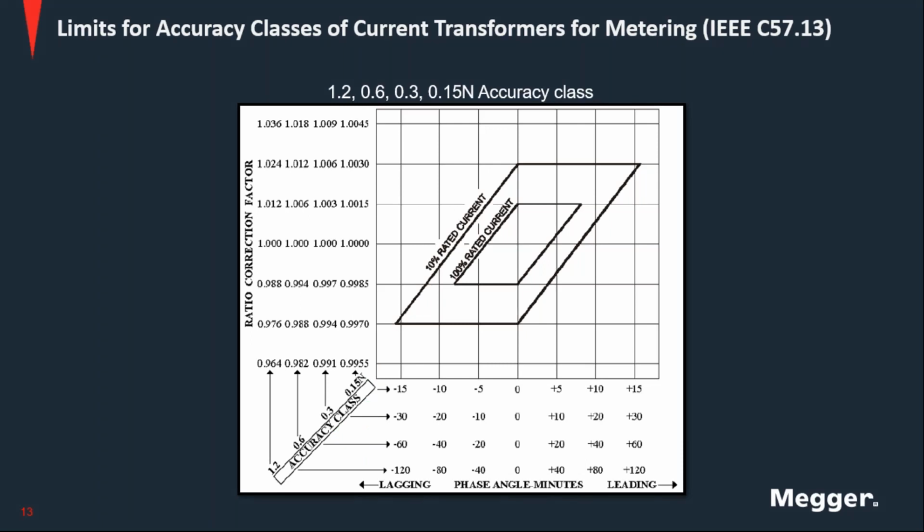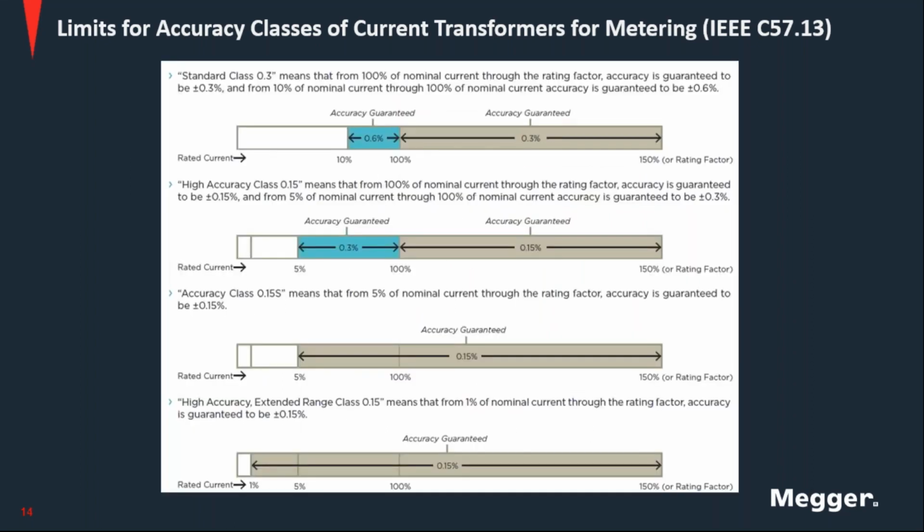They are in the standard. These are taken from IEEE C57, but the concept is what we are interested in understanding. This is something that when you see a report from a CT or a VT, and now you see all of these graphs and additional information in the test report, that's what we are trying to show here, what is being done. A little bit more on the accuracy classes.